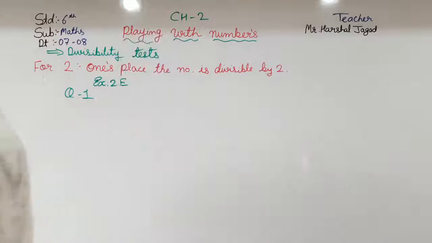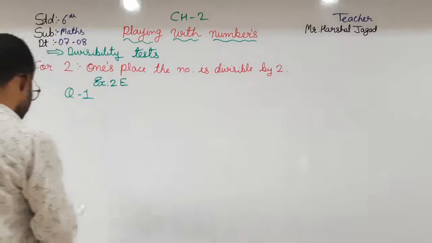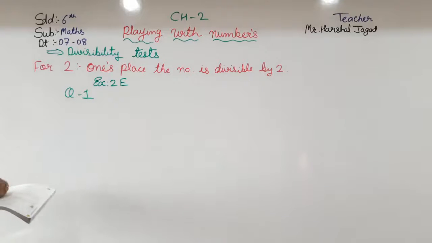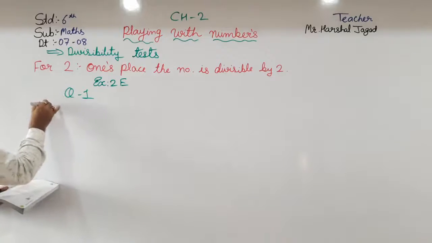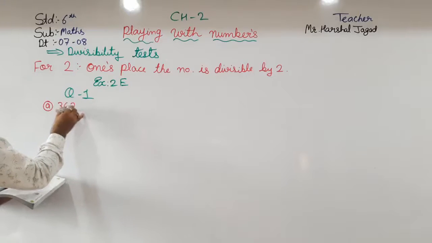There are 8 numbers given, so from that I will do any 4. The first one is A, that number is 362.